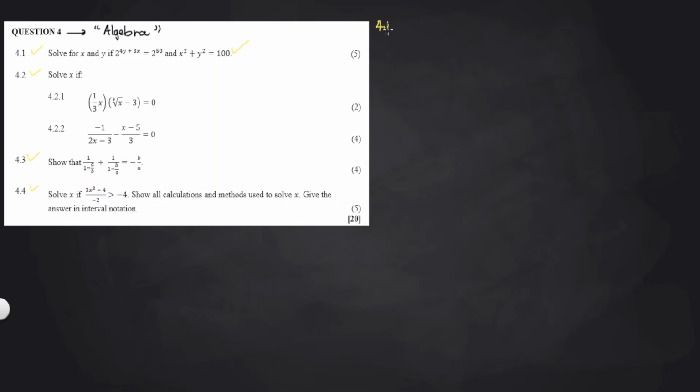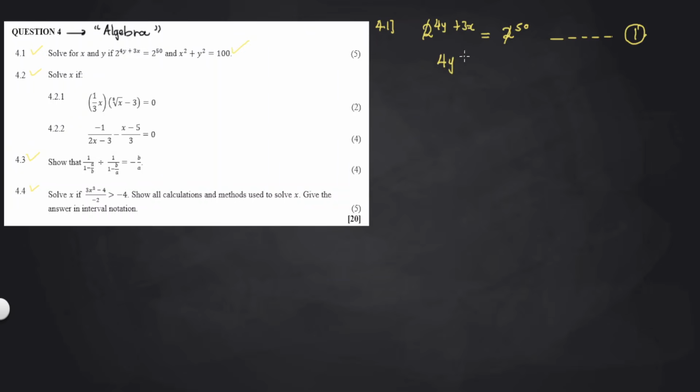So 4.1, that is 2 raised to 4y plus 3x equal to 2 raised to exponent 50. We can call this equation 1. What we have to do is actually drop the exponents.